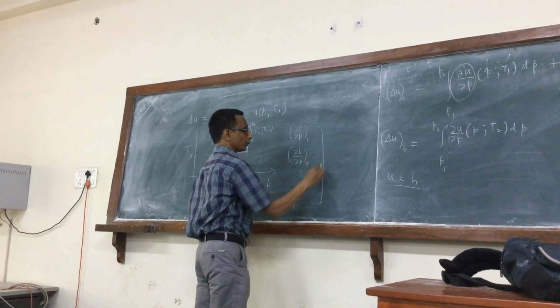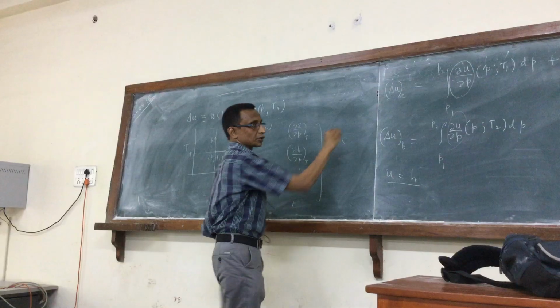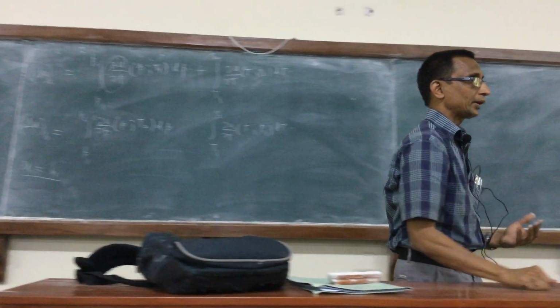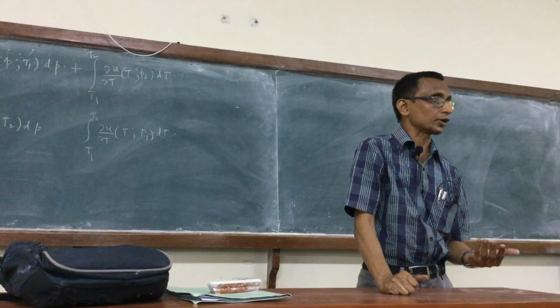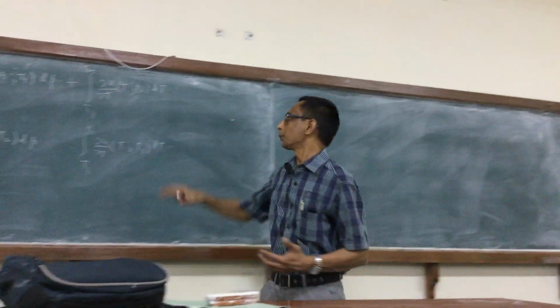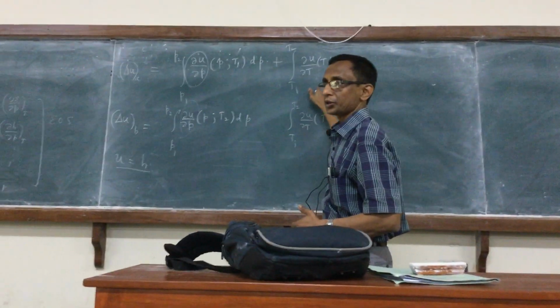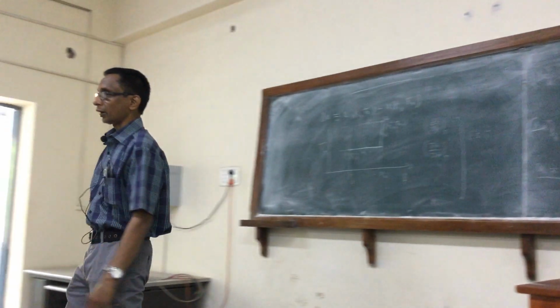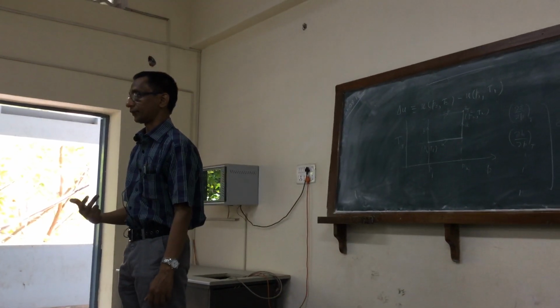You see that all of them are related to the equation of state. So typically, this integral can be calculated using the equation of state alone, and invariably this would require the specific heat as the input.